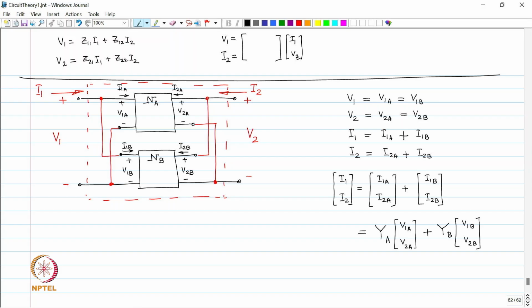But both of these, V 1 A V 2 A and V 1 B V 2 B, and V 1 and V 2, they are all equal to each other.